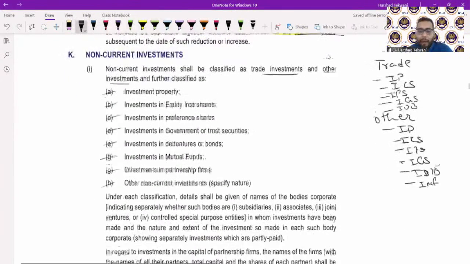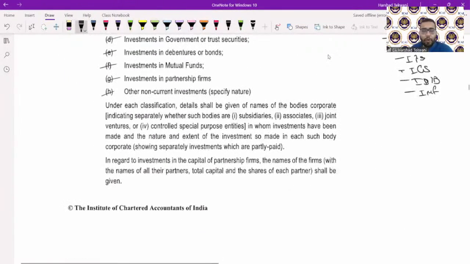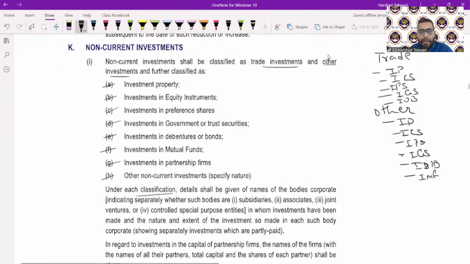Now additionally what I'm required to show is, under each classification, let's say for example under investment in equity instruments, I need to give the names of the body corporate, and also indicate whether such body corporates are subsidiaries, associates, joint ventures, controlled special purpose entities in whom investment has been made, and the nature and extent of the investment made in each body corporate.